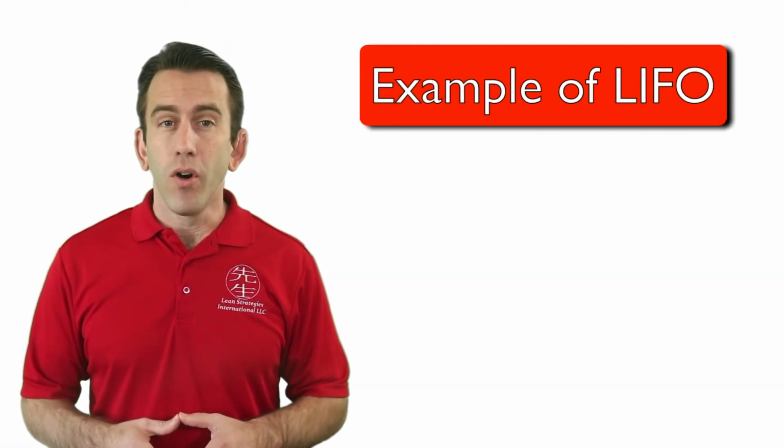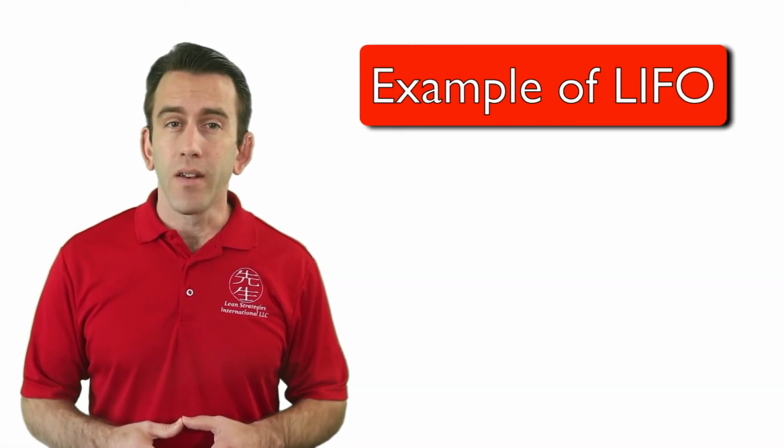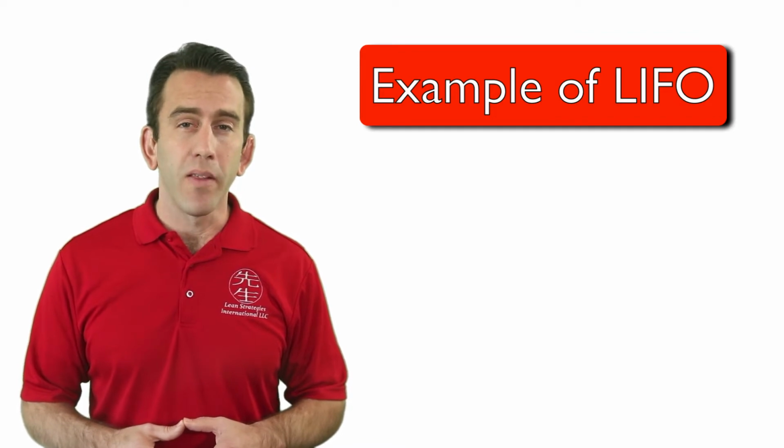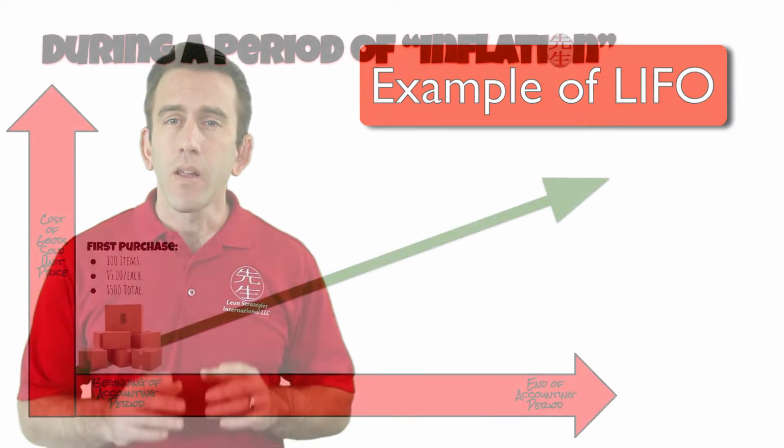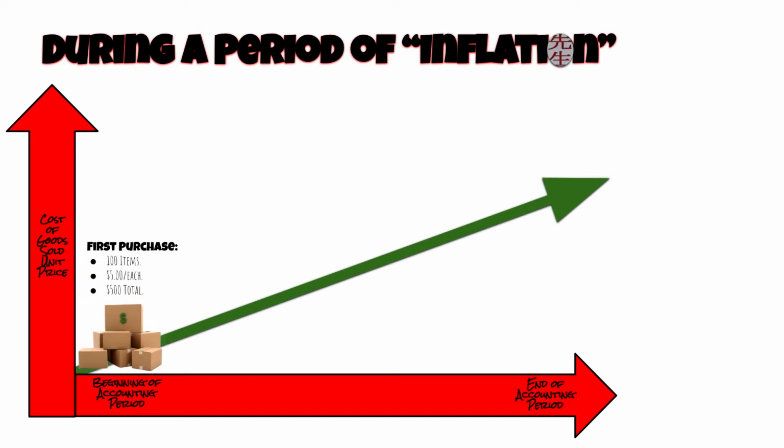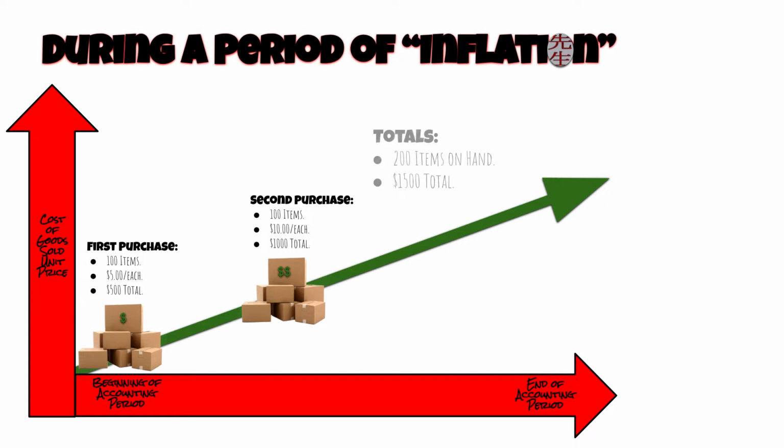Now, let's look at an example of LIFO to help us understand a little more about this method of valuation. Let's say we purchase 100 items for $5 each, and 100 more items are purchased next for $10 each. We now have 200 items with a total value of $1,500 in inventory.